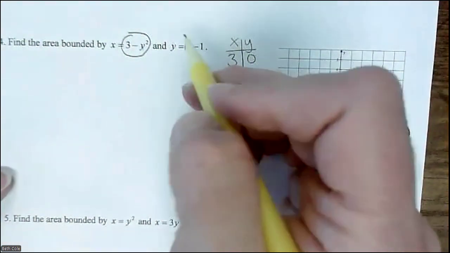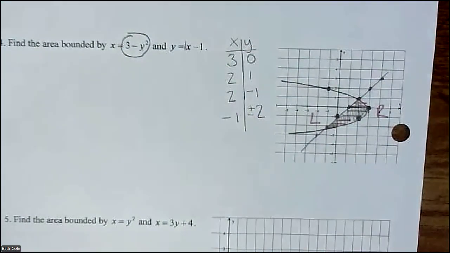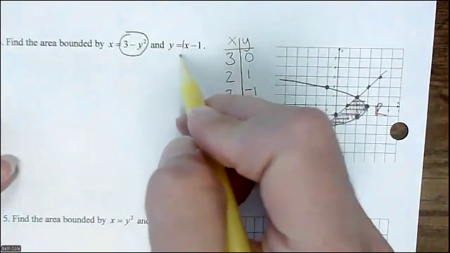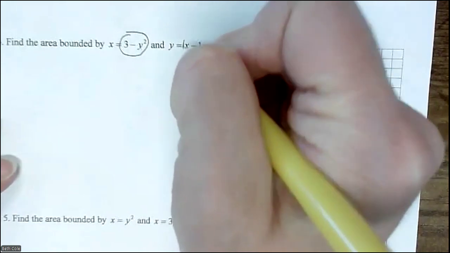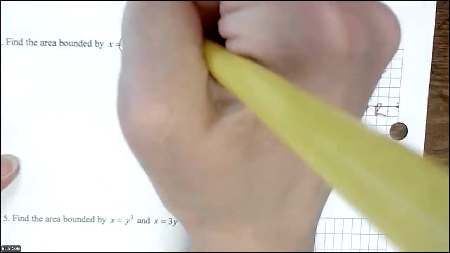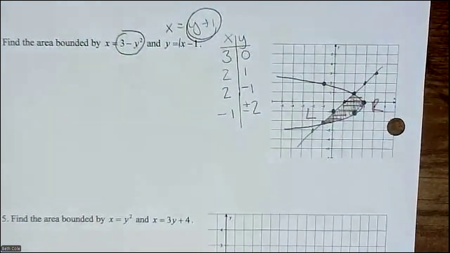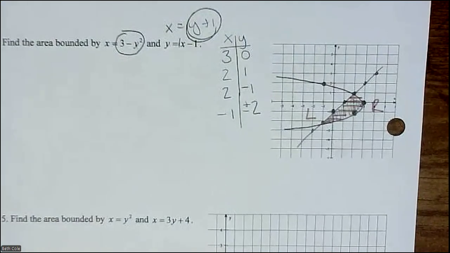Now this one you have to rearrange so it is also x equals. As soon as you realize the whole thing is sideways, you have to sideways everything. Make it all sideways. So what would you do to this equation? Yeah, move the -1 over, so it'd be y plus 1. So you get x equals y plus 1. And again, I don't know why, but circling that ends up helping everybody, so I'm going to keep doing it.